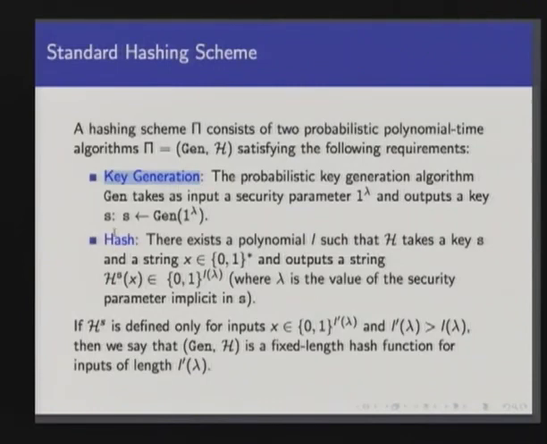Then for computing the hash, we use this random key generated in the first step to compute a hash of the input string. For example here, x is the input string, Hash is the hash function, and to that hash function we give the random key generated in the first step to compute a binary string whose length is L, and lambda is a security parameter which is implicit in the key generation of the random key.